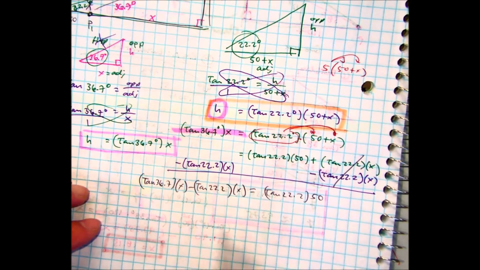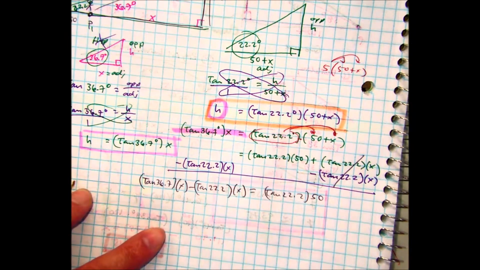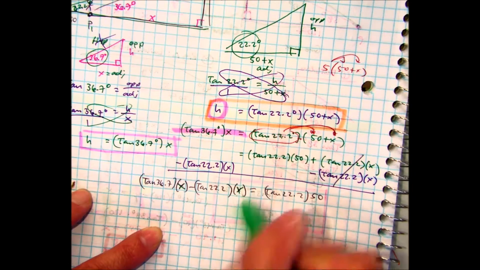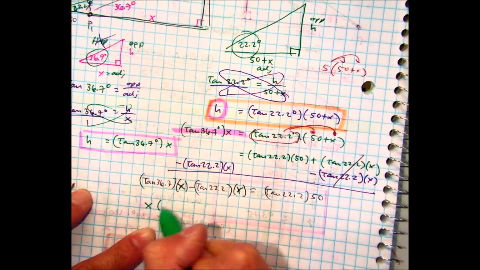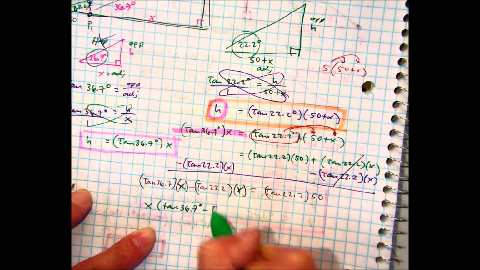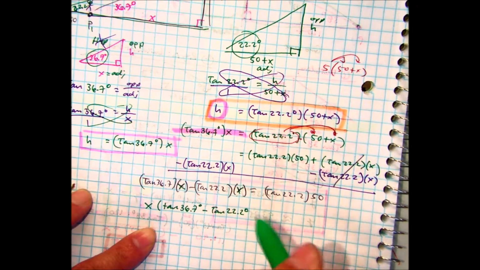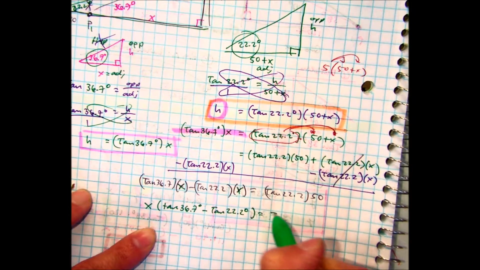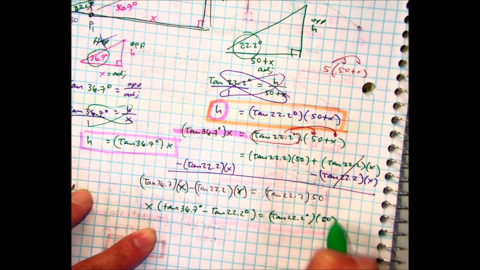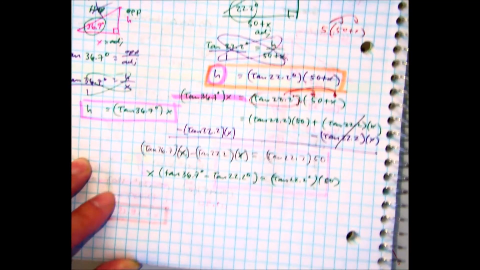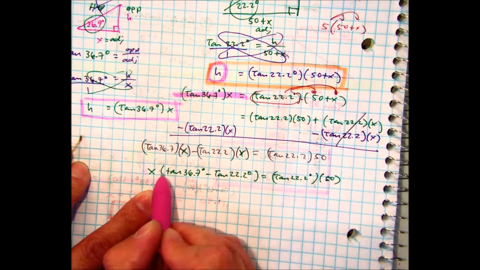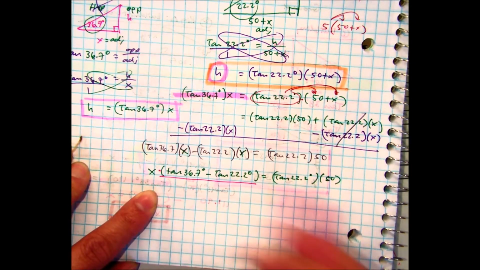Class, what do each of these have? So I'm going to factor out as a GCF an x. X times tangent 36.7 degrees minus tangent of 22.2 degrees equals tangent of 22.2 degrees times 50. And we're almost there. This is multiplication, so I'm going to divide all of this to the other side.